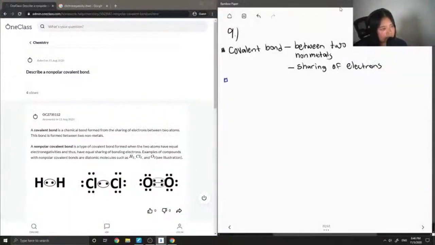Okay, so now that we know this, there are two main types of covalent bonds. The first, which I'll answer in the question, is the nonpolar covalent bond.